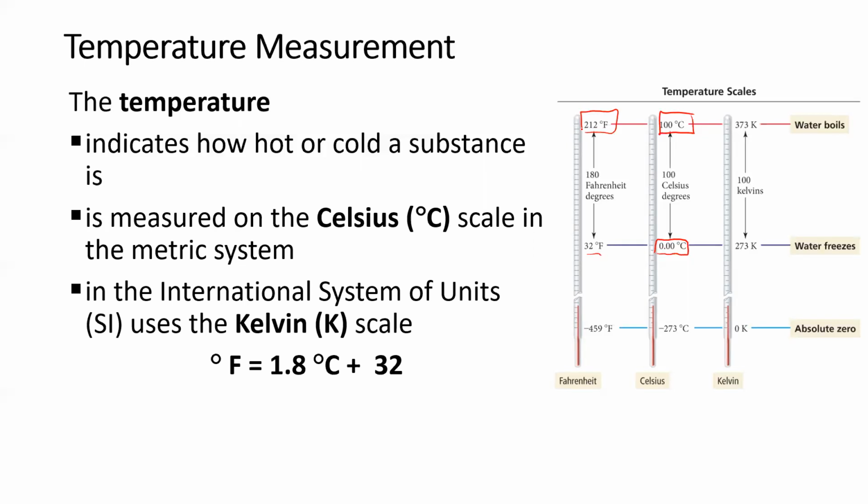So why plus 32? Well, this is almost like a linear function, right? Y equals mx plus b. B is my y-intercept, right? So when the x is 0, right? So when Celsius is 0, I'm at 32 degrees Fahrenheit.